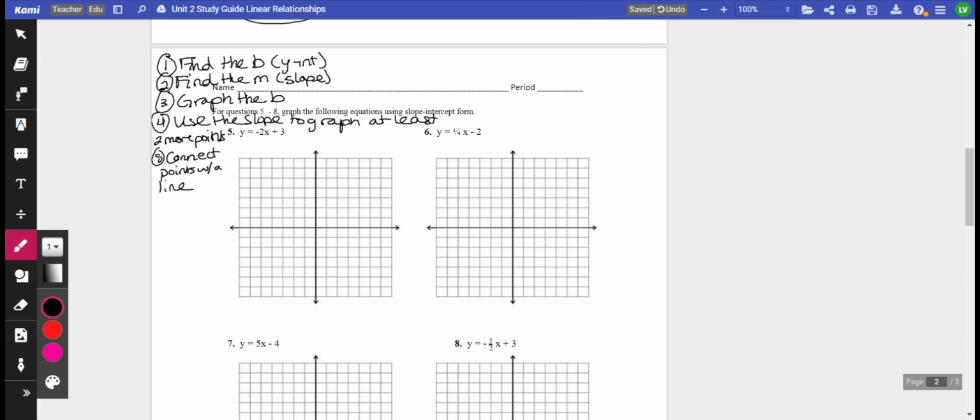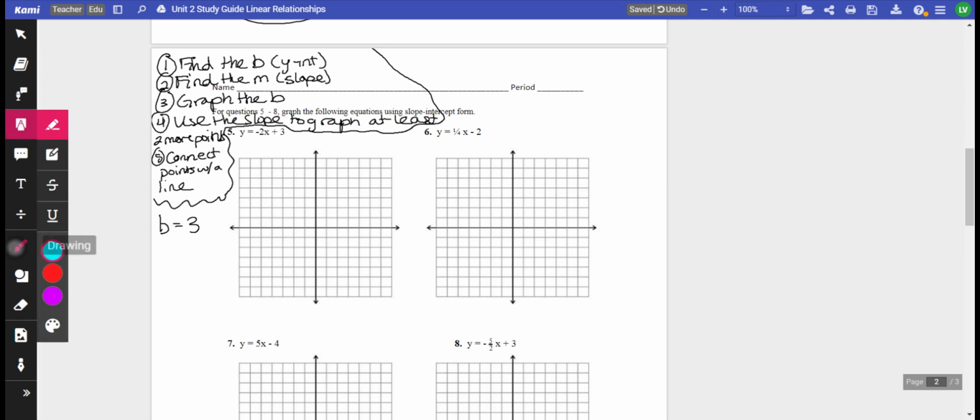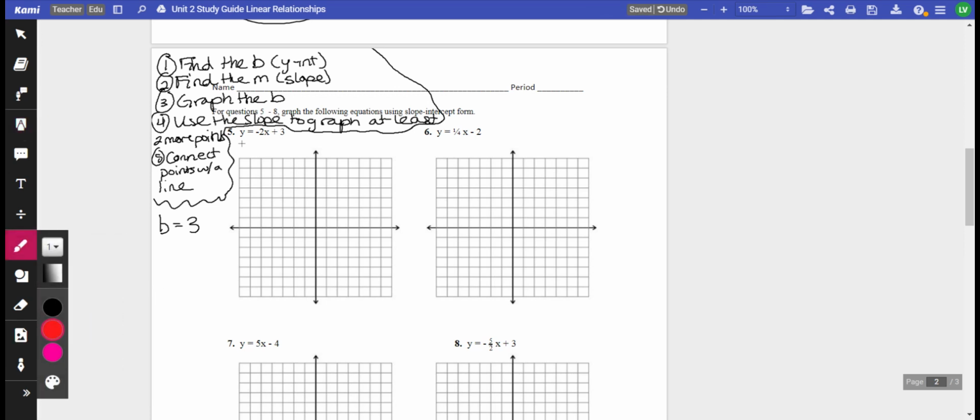Okay, so for problem number 5, my first step is to find the y-intercept, which in this case is going to be 3. And if it helps, you can also write below this equation y equals mx plus b. So again, my b value is going to be 3.